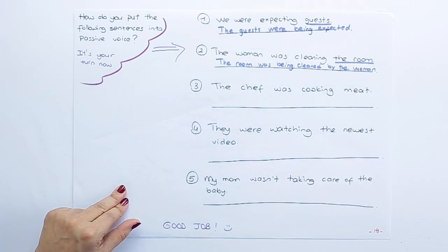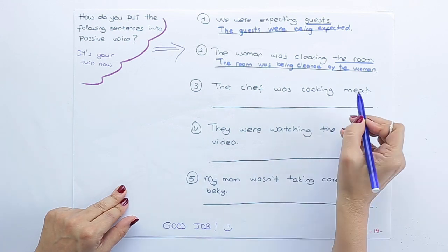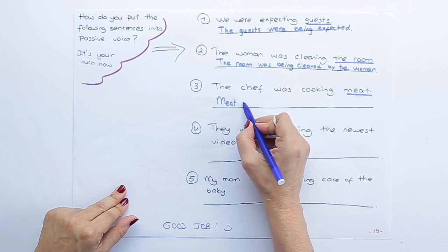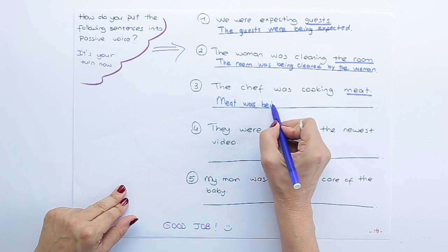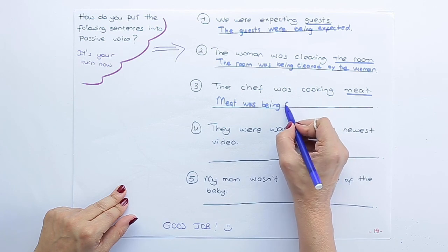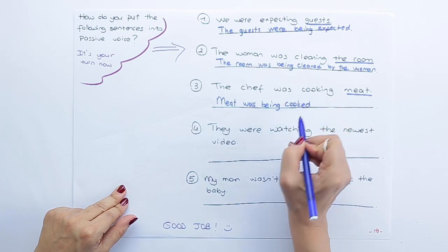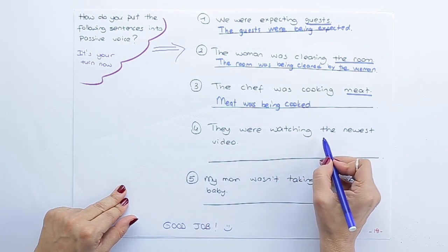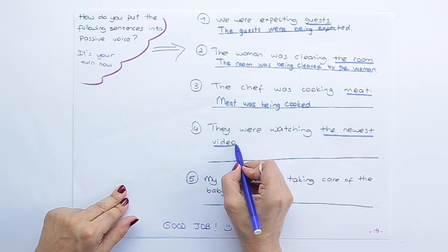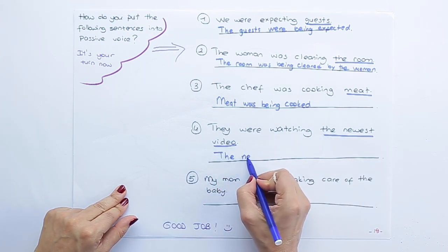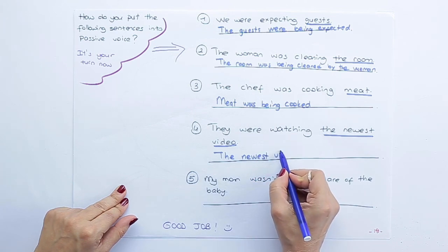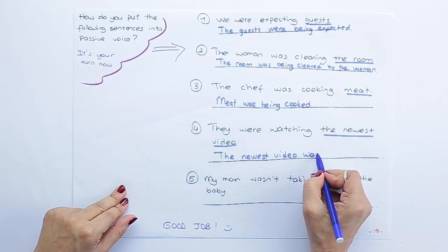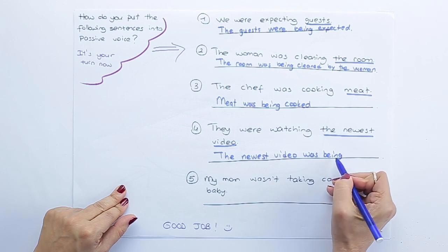The chef was cooking meat. Meat was being cooked. They were watching the newest video. The newest video, right, was being watched.